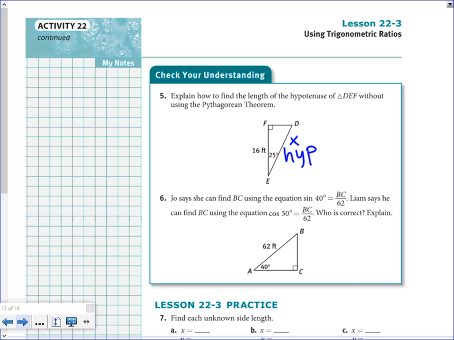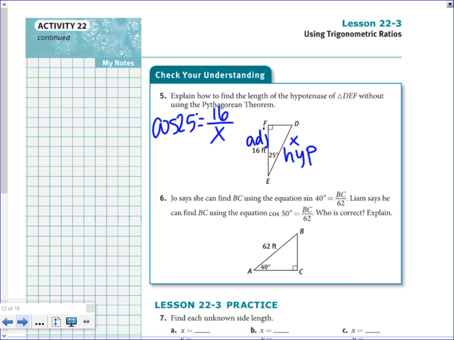So I'll label it as x. The 16 in relation to the 25 is the adjacent. So which one uses adjacent and hypotenuse? Cosine. So cosine of 25 degrees is 16 over x because it's adjacent over hypotenuse.